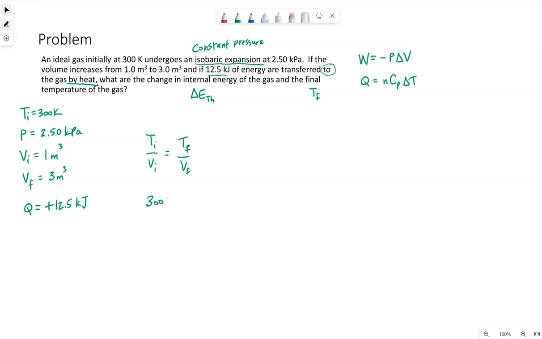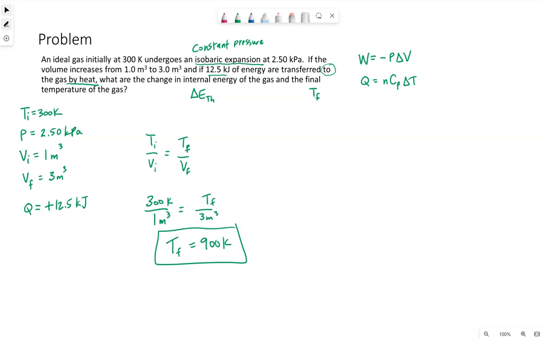We know initially we have 300 Kelvin and 1 meter cubed. Well, our volume's tripling, which means the temperature also has to triple, which if we just cross multiply, we see that as well. The final temperature will be 900 Kelvin. So we've answered the second part first, and that's totally fine.